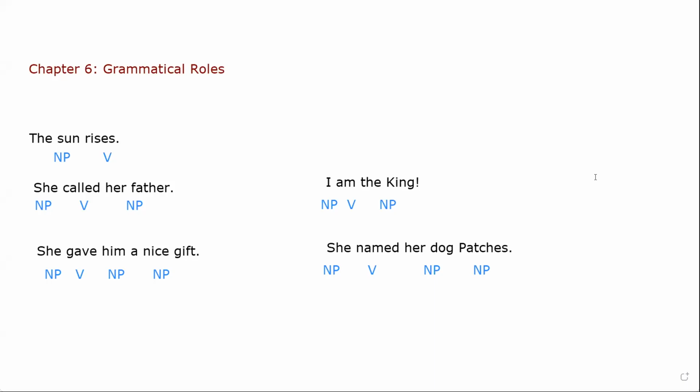We have the subject, which is a noun phrase, and then the verb all by itself. It doesn't look like any of the other ones. So if I get a sentence where I've got a verb like this, and there's no noun phrase after it, I can be pretty confident that I've got an intransitive verb. That one's thankfully a little easy.